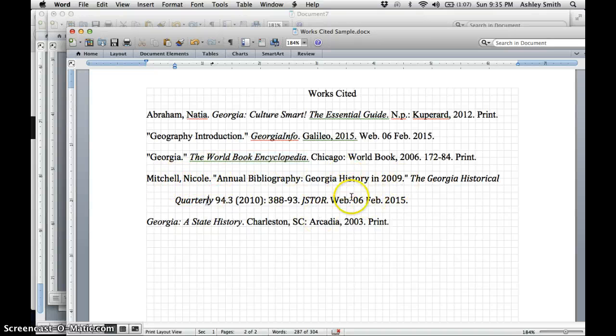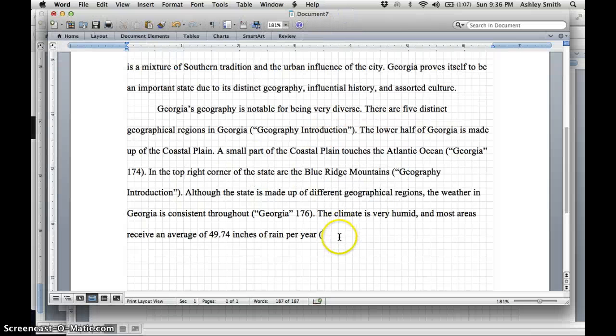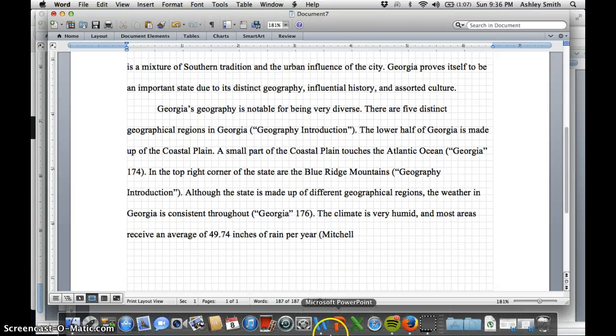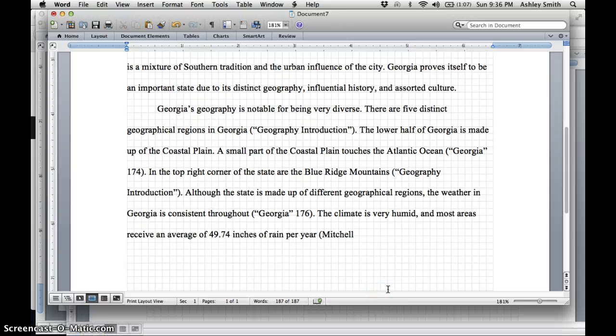Now, this is a web article. It was found on the internet. However, I do have an author. So, I am going to put the author's last name. And then, even though this article was published on the web, I do actually have page numbers for this. So I'm also going to put the page number.